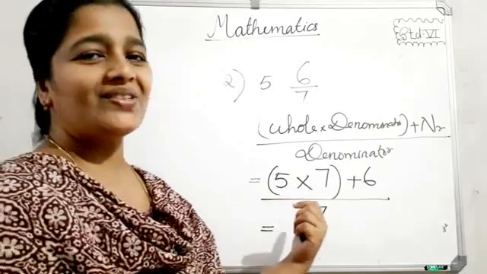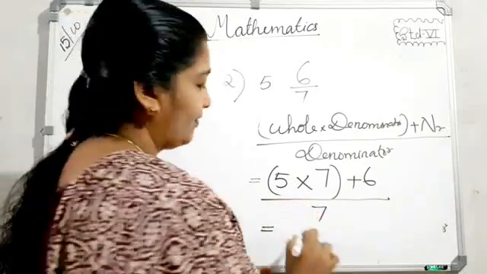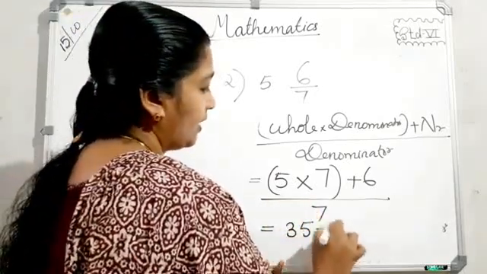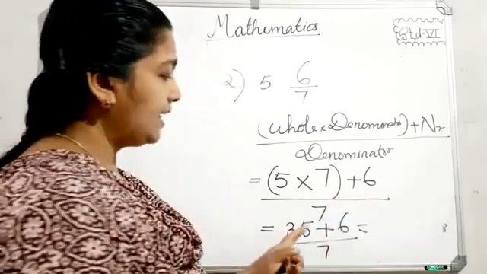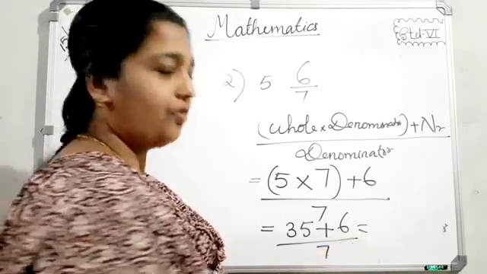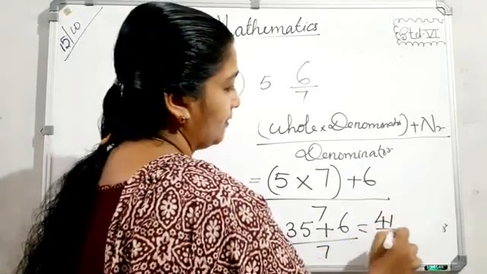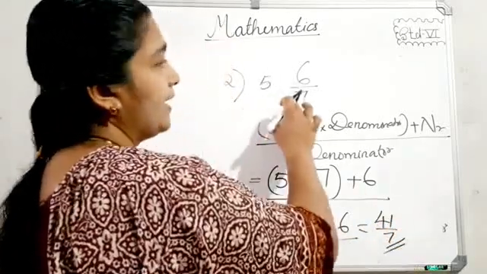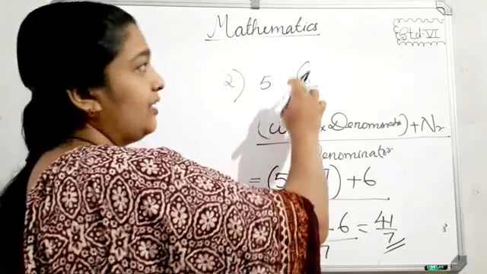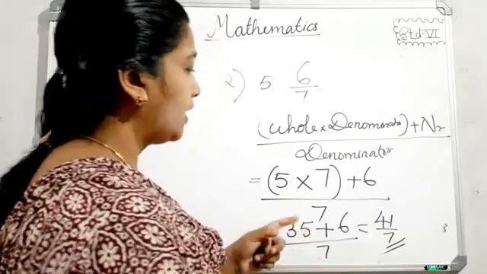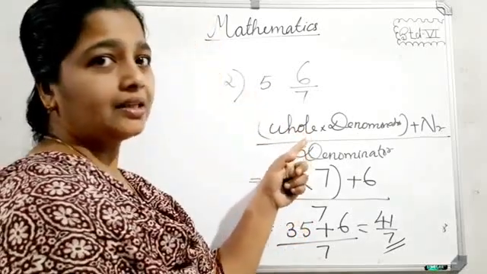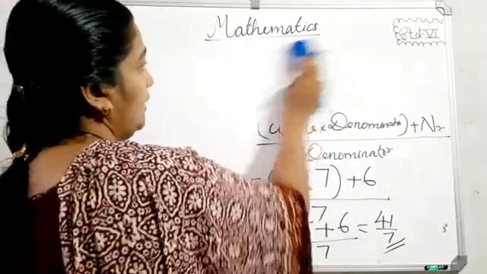Understand? 5 into 7 equals 35. 5 sevens are 35, plus 6 by 7. 35 plus 6 equals 41 by 7. Without this formula, you can say the answer very simply. Clear? So one more question.